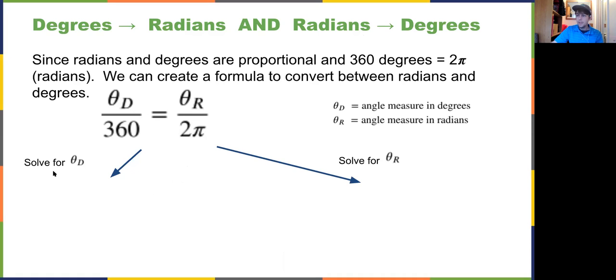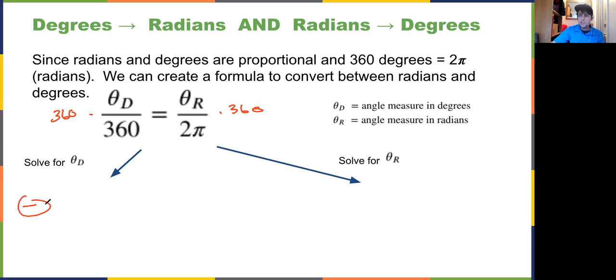So if I solve this proportionality relationship, the angle measurement in degrees divided by 360 is equal to the angle measurement in radians divided by 2 pi, because we know those two things are equal, I'm going to be able to get a formula here. So let me solve for the angle measurement in degrees. To do so, I would simply multiply by 360 on both sides, right?